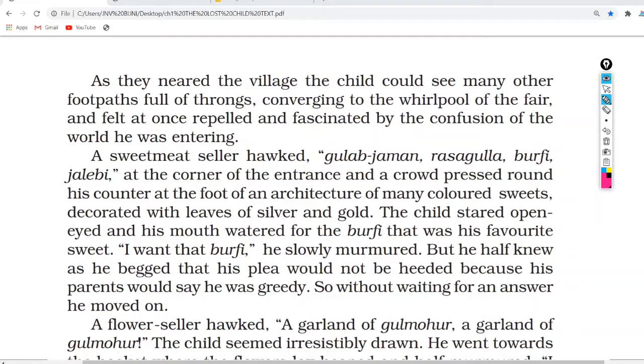As they neared the village, the child could see many other footpaths full of throngs, converging to the whirlpool of the fair, and felt at once repelled and fascinated by the confusion of the world he was entering. Now here you see converging means what?